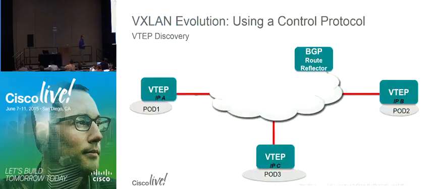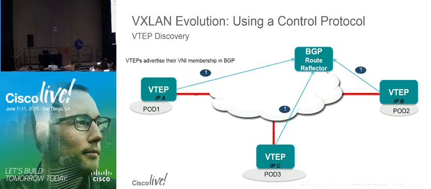Let's look at the control plane first, what we can do there. And this is for VTAP discovery. Proactively knowing about all the VTAPs which are in my network itself, which are joining me for some overlay services. And what I do is everyone sends his own VTAP information, in this case here, to a route reflector. They're actually doing this in the Nexus 1000V for quite some time in between.